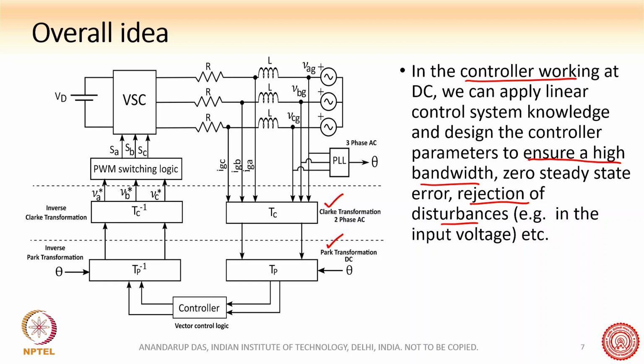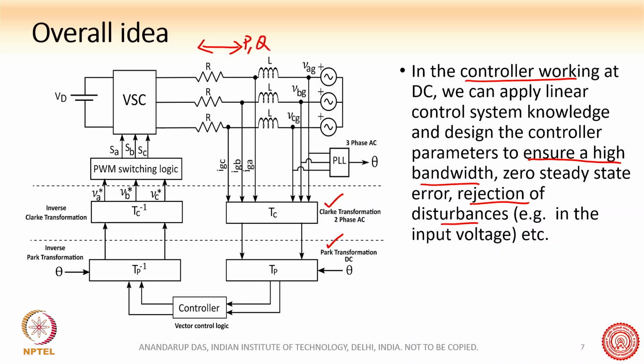There is another reason why we want to work in the DQ domain. As we will see in later slides, we can have a decoupled control of P and Q. As I told you, the primary aim of this VSC is to exchange P and Q with the grid.